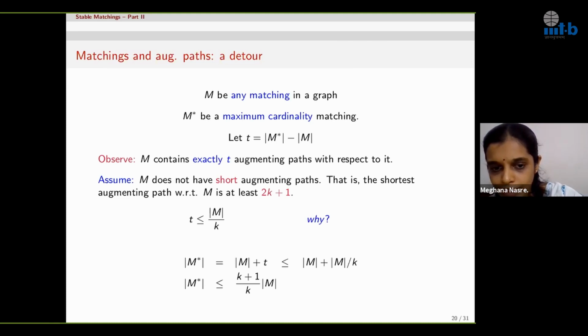Any maximal matching is at least half the size of the maximum cardinality matching. Any matching that does not have 1 and 3 length augmenting paths will be a 2 over 3 approximation to the maximum cardinality matching, and so on. And that is what we are going to use. So anything that people want to comment or ask?